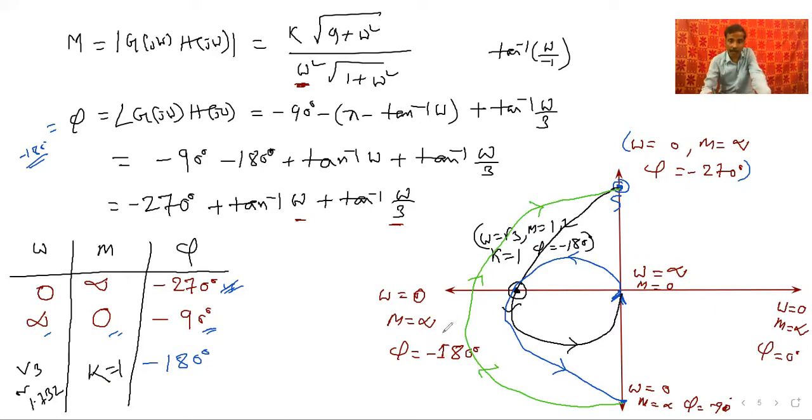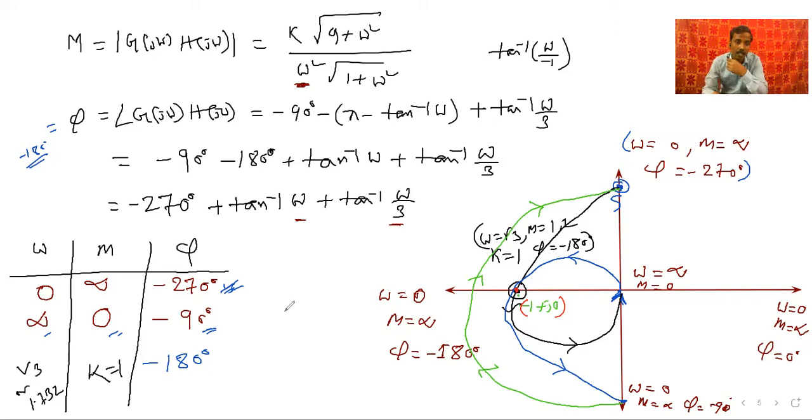This is marginally stable because this is the critical point minus 1 plus j0, and the polar plot is passing through the minus 1 plus j0 point. So this plot is marginally stable.